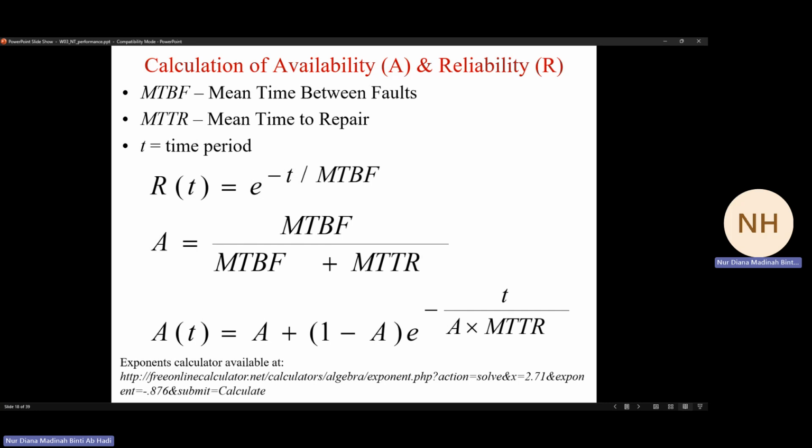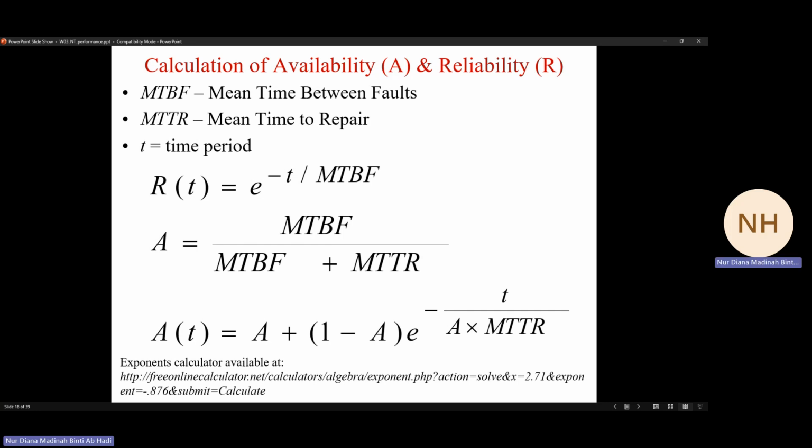As I mentioned just now, availability and instantaneous availability are different. To calculate R(t), which is your reliability, you need to use the exponential to the power of negative time period divided by MTBF.